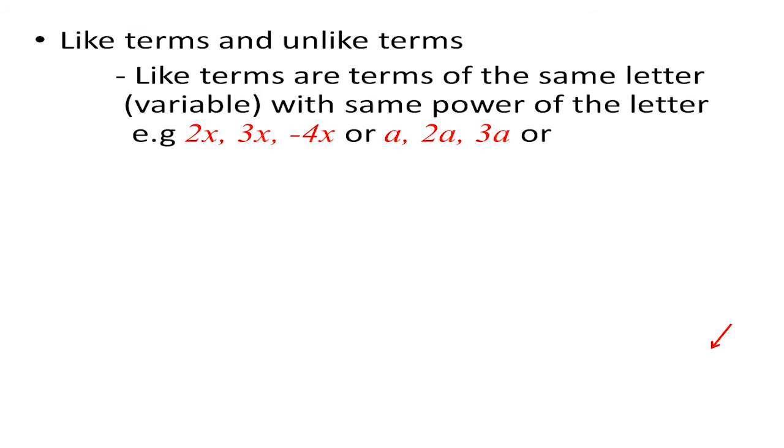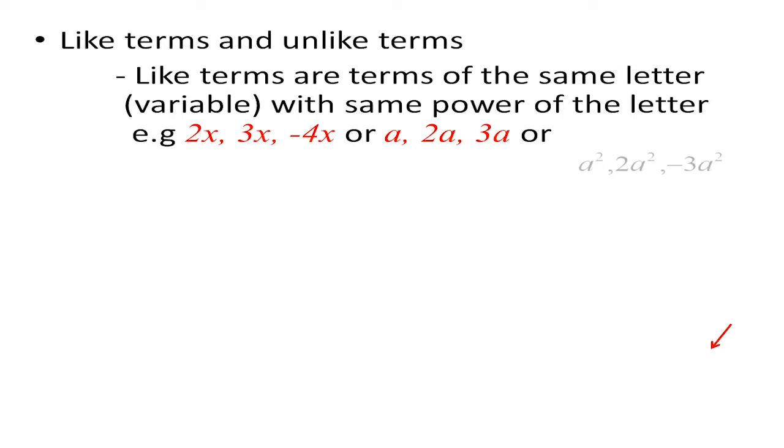Like terms are terms of the same letter, or commonly called a variable, with the same power of the letter. For example, 2x, 3x, negative 4x. All of them are power of 1. Or a, 2a, 3a are all power of 1, and they are like terms.